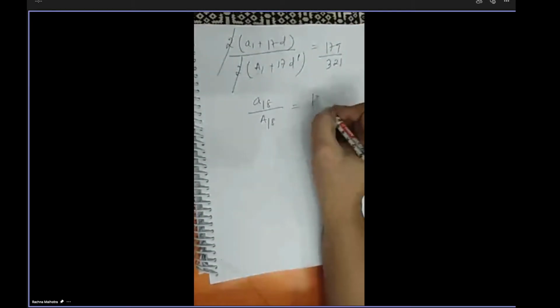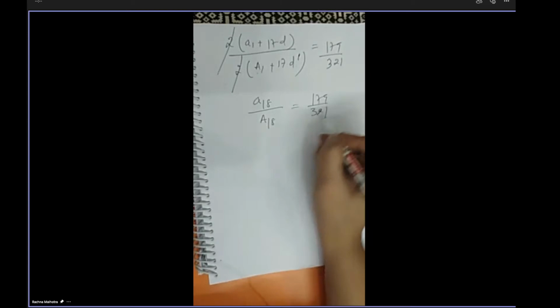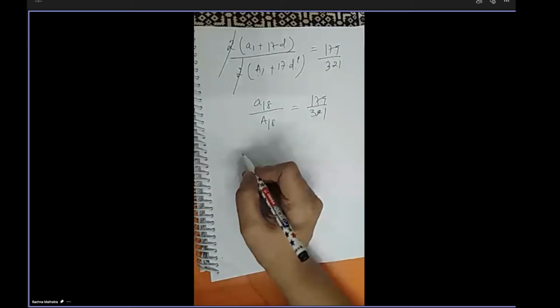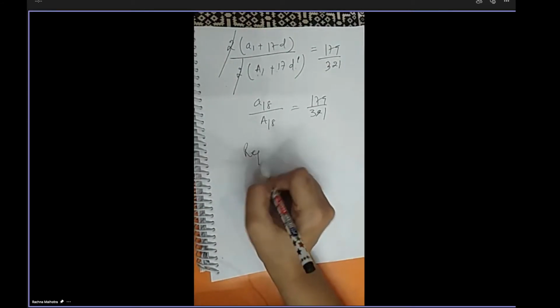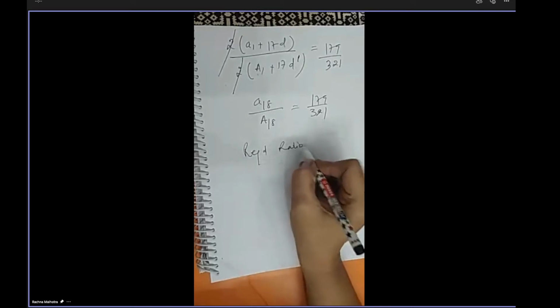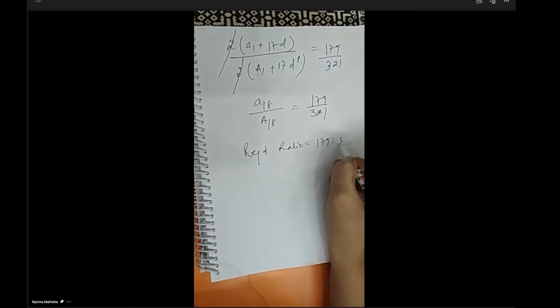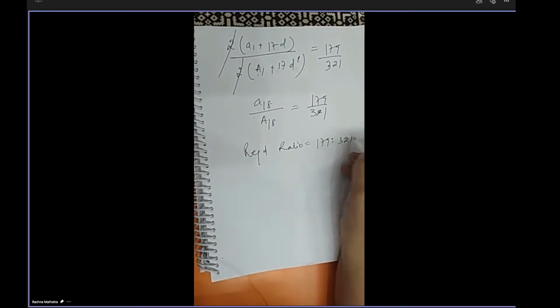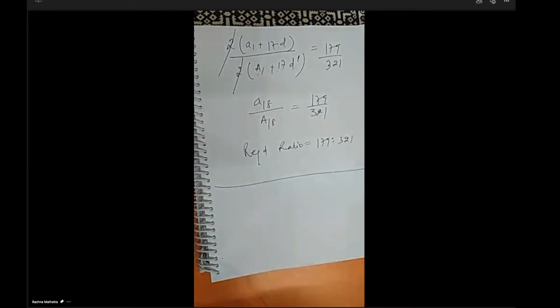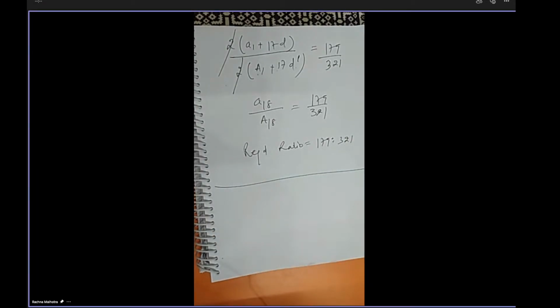Ma'am, the answer will be 179 by 321. So what is the ratio? 179 by 321. Yes. So question number 9 is over.